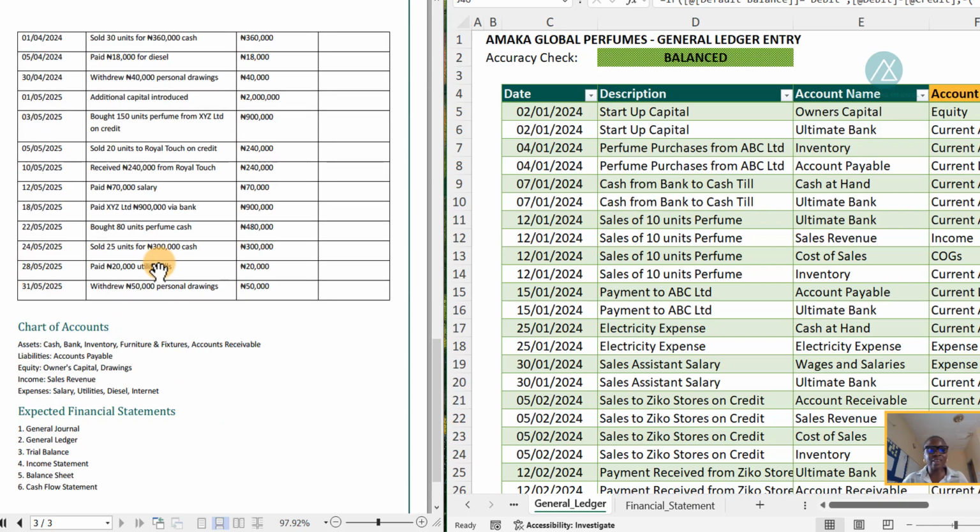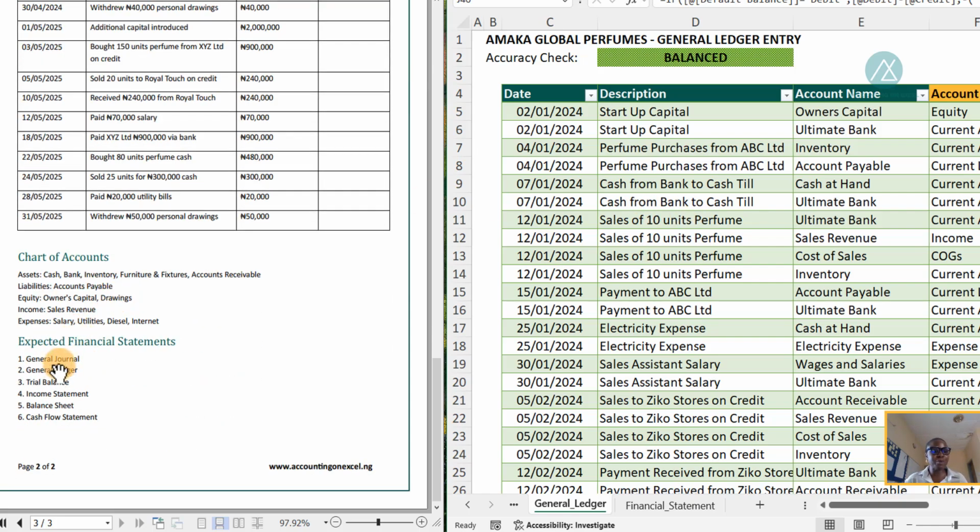So you can see the expectation is for us to prepare the journal, ledger, trial balance, income statement, balance sheet, and cash flow. This entry has automatically prepared them as we are making this input.